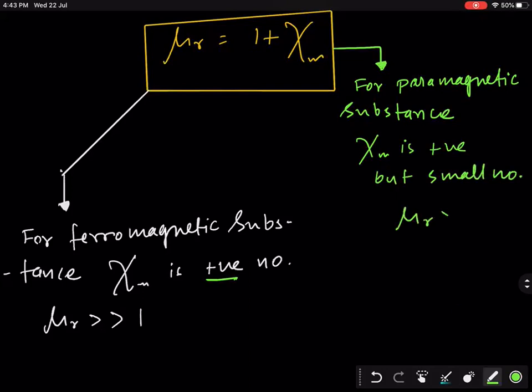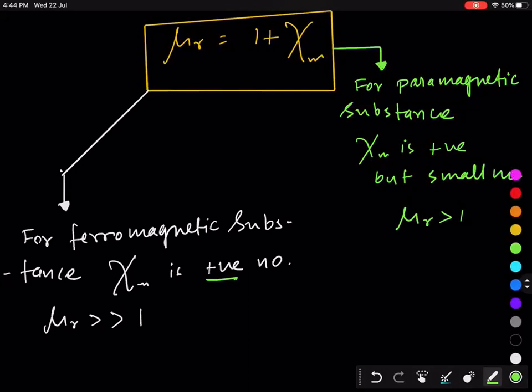So mu R is a little bit greater than 1, not very much greater than 1. Because a paramagnetic substance also starts behaving like a magnet when you put it in an external magnetic field. Do you remember or not? Yes, sir. So a paramagnetic substance will become a weak magnet. That's why the value of chi is positive but not very big. So here we got mu R greater than 1.